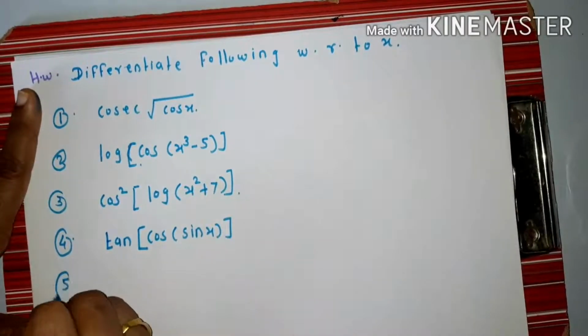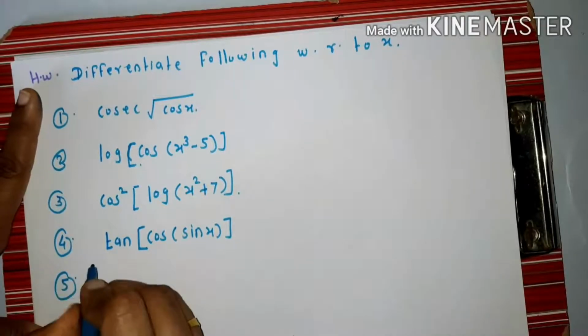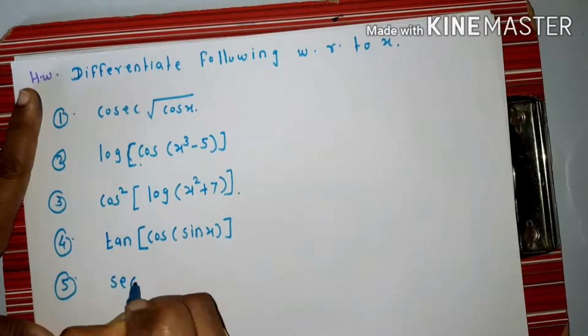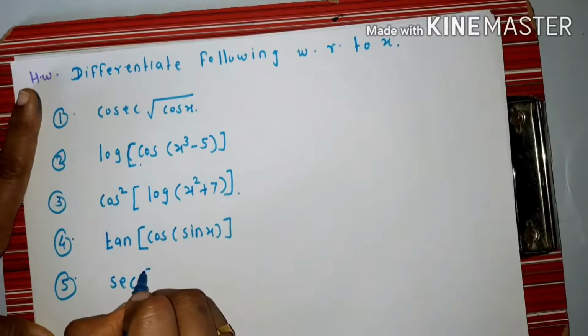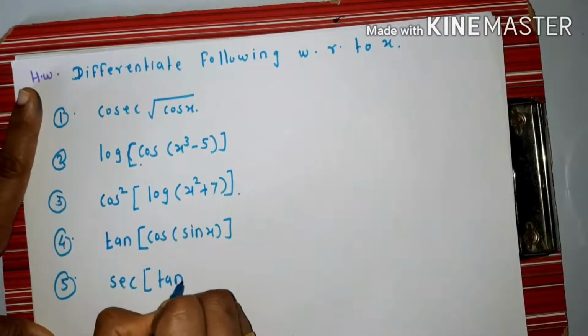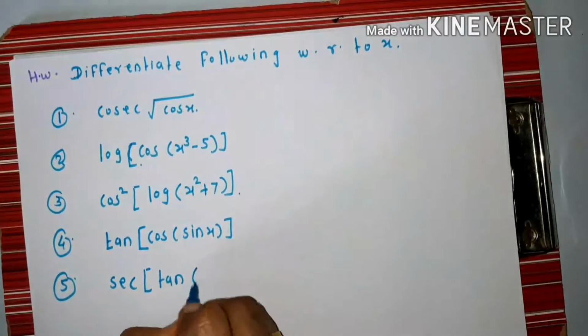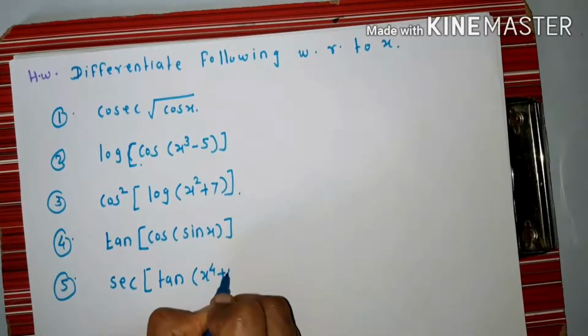Fifth one: sec of tan of x raised to 4 plus 4.